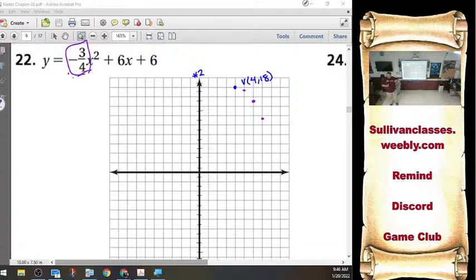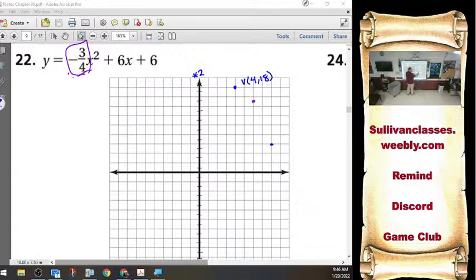If I go over 2, I'm supposed to go down 4. 4 times 3/4 is just 3. If I go over 4, I normally move 16. 16 times 3/4 is 12. I'm not going to have those middle ones. I'm going to go over 2 down 3, over 4 down 12. 2, 4, 6, 8, 10, 12.